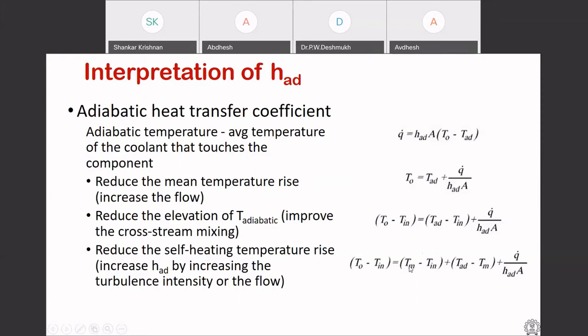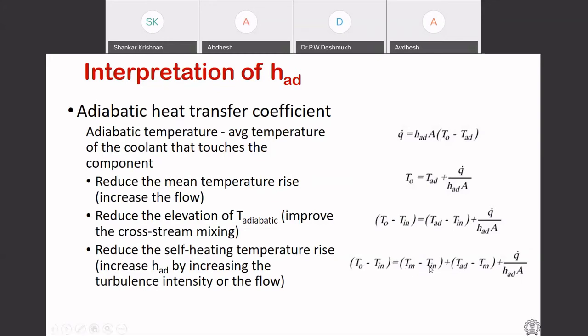Then I can again add and subtract the mean temperature on the right hand side, and I get this expression: T wall minus T inlet is equal to T mean minus T inlet, plus T adiabatic minus T mean, plus this. So this grouping can be looked at as how I use the adiabatic heat transfer coefficient to improve my performance.